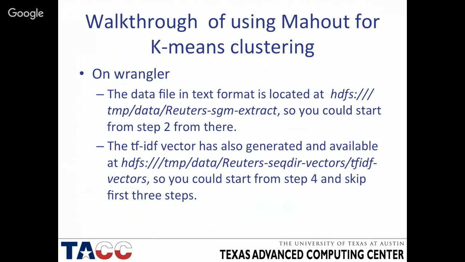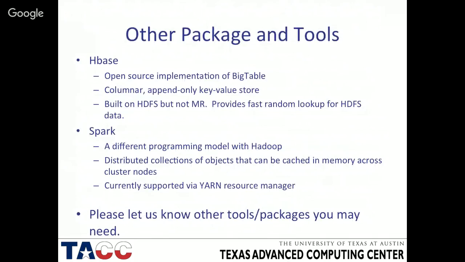So you could jumpstart from step 2, or if you want to skip that and directly run k-means, I have the TF-IDF vectors also put in HDFS, so you can jump to step 4 and just try the k-means stuff.